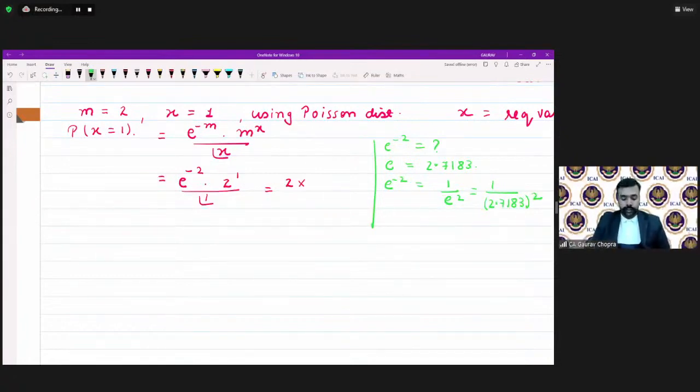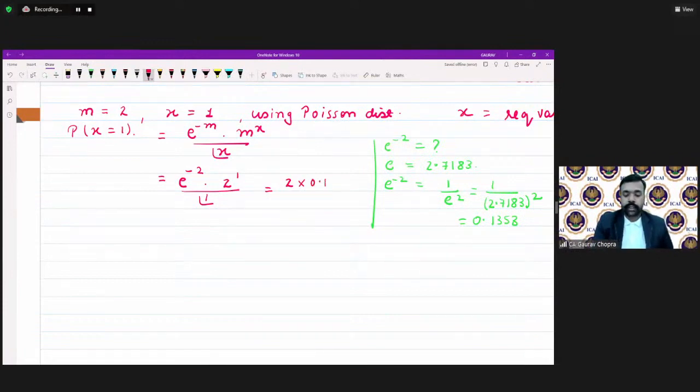So you can solve this: 1 divided by 2.7183 and again divided by 2.7183. So how much we are getting? 0.1353. So this is the value for e to the power of minus 2.